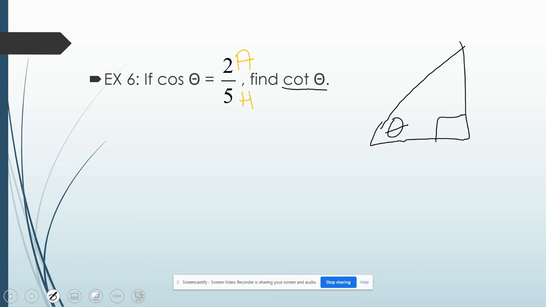You can have your theta in either corner and the triangle can be facing the other direction. See, I've got side opposite, side adjacent, and then the hypotenuse. So labeling what we know, adjacent is 2 and hypotenuse is 5.